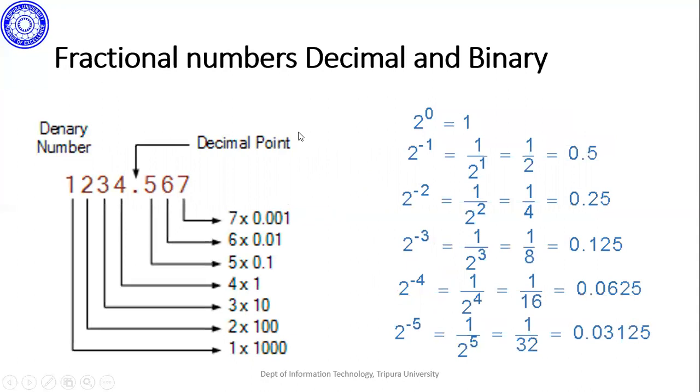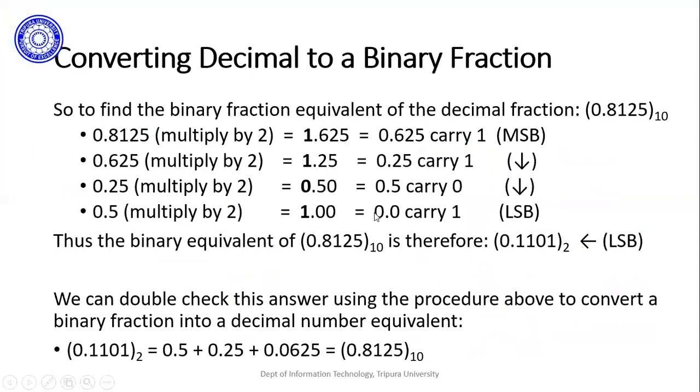The fractional number system in decimal and binary, if you compare, is written in this format. Now converting decimal to binary, what we have here is that we just take 0.8125 in the reverse process.